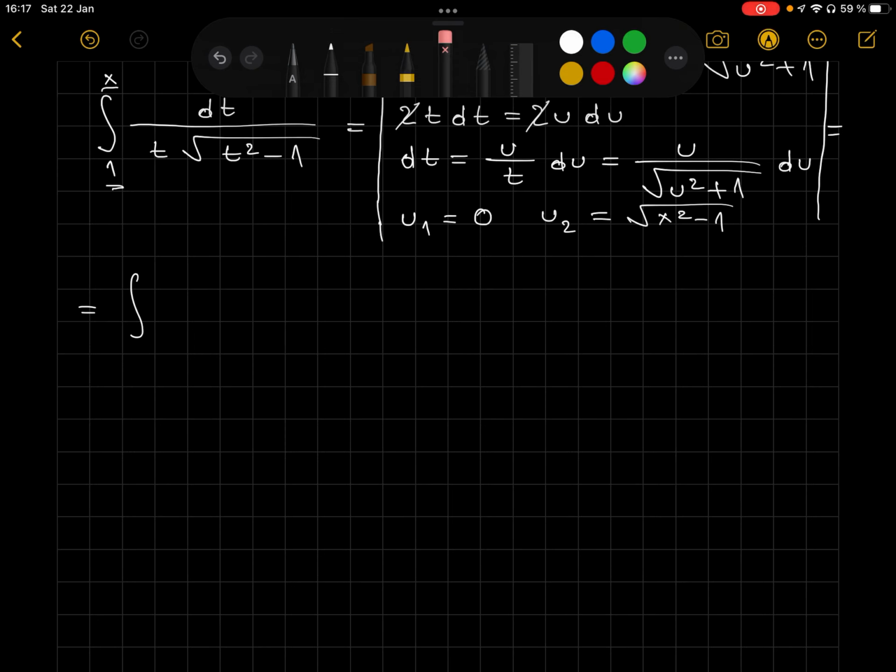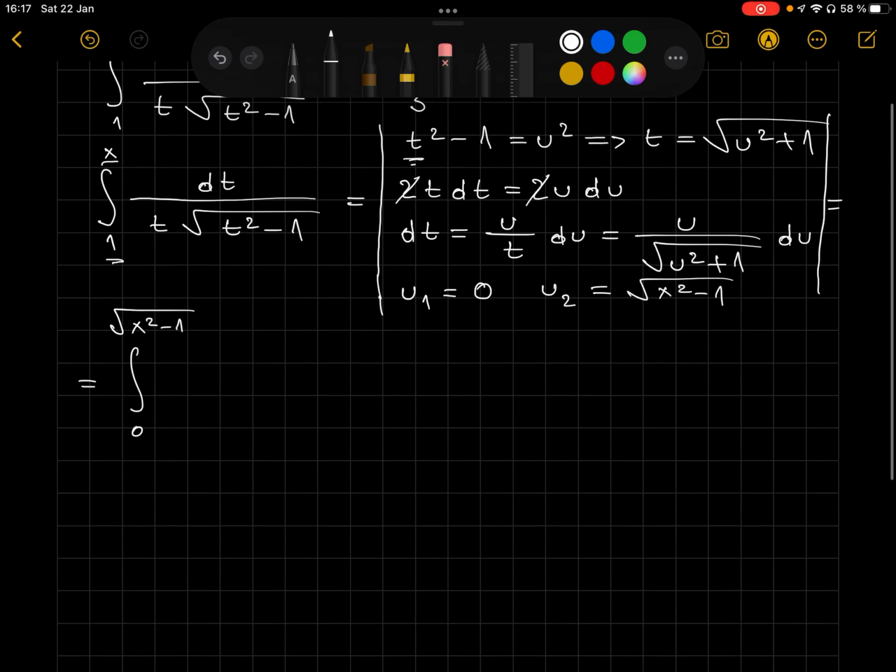from 0 to the square root of x squared minus 1. I'll just write dt in front of it.